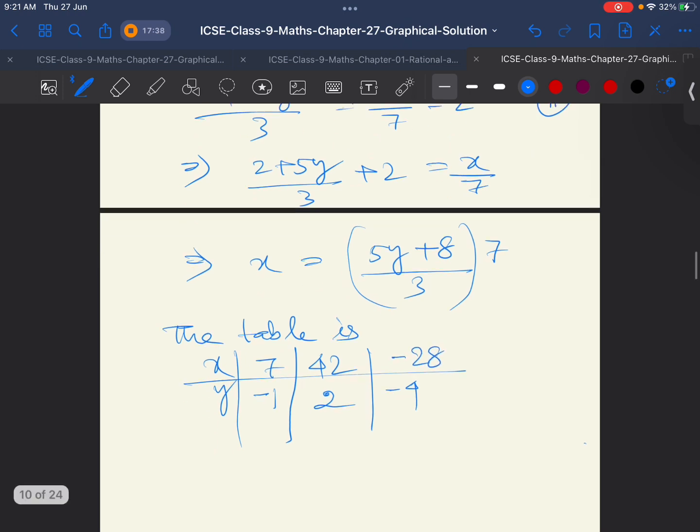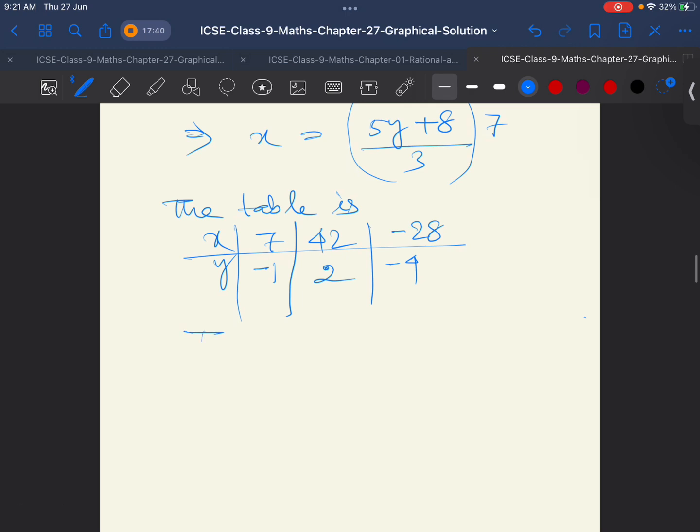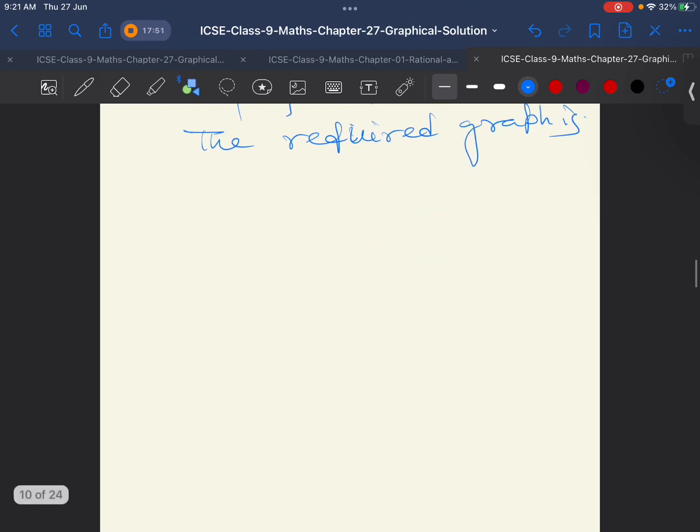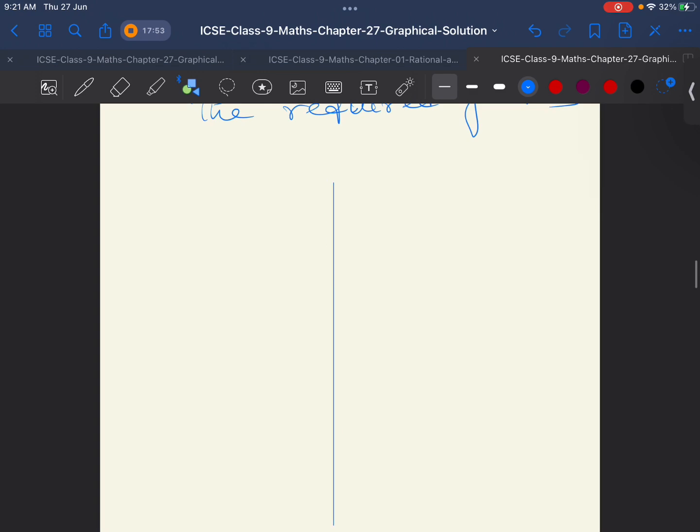Okay, now plotting these points in the graph, the required graph is, now we draw the x-axis and y-axis.